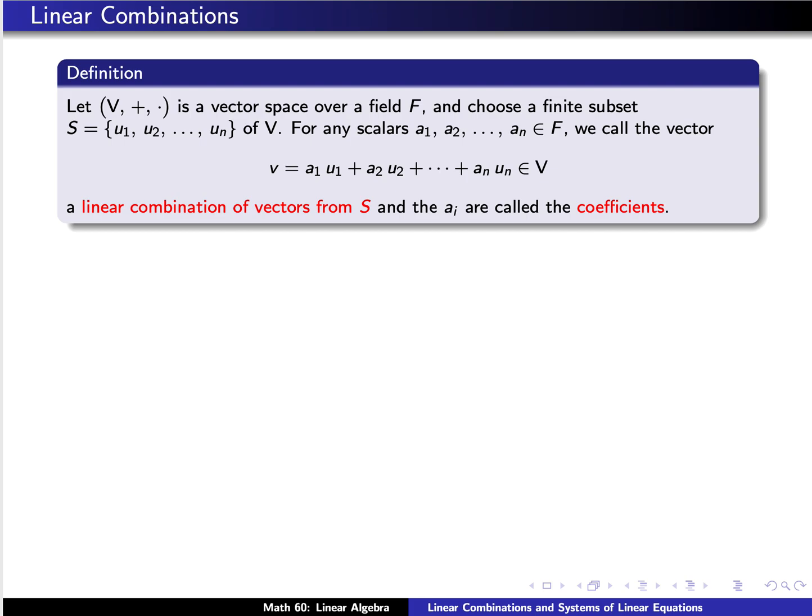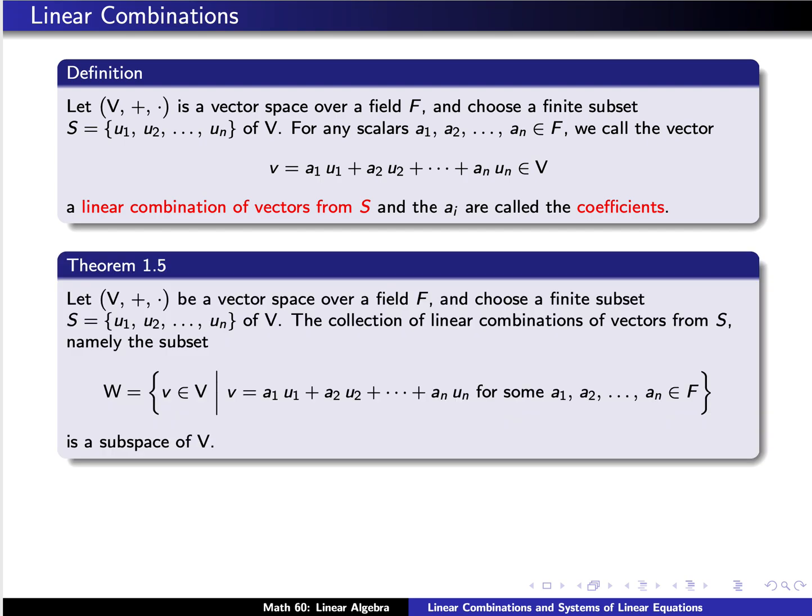Now, given any scalars, that is numbers a1, a2, through a sub n, we'll call a vector v a linear combination of vectors from S if we can express v as a sub 1 times the vector u sub 1 plus a sub 2 times the vector u sub 2 plus so on plus a sub n times the vector u sub n. We'll call the numbers a sub i coefficients in this linear combination.